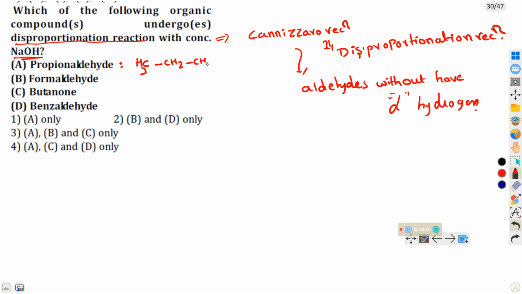Alpha hydrogen atom is present, so it does not participate. Formaldehyde formula HCHO. No alpha hydrogen, it participates. Butanone: only aldehydes participate; ketones do not participate in the Cannizzaro reaction. Benzaldehyde, C6H5CHO. No alpha hydrogen. B and D. So second option is the correct option.